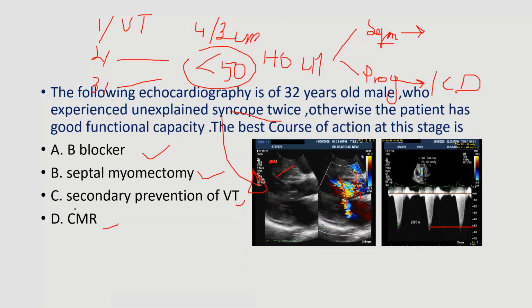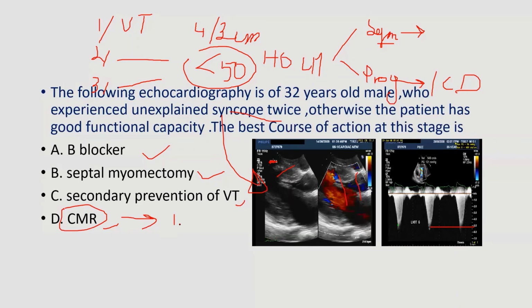And last is the CMR. You do cardiac MRI for delayed hyperenhancement to assess the amount of scarring and fibrosis. If scarring involves more than 15% of the entire myocardium, that is prognostic. So now we are using CMR as well.